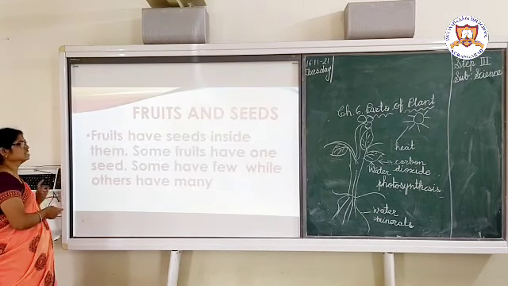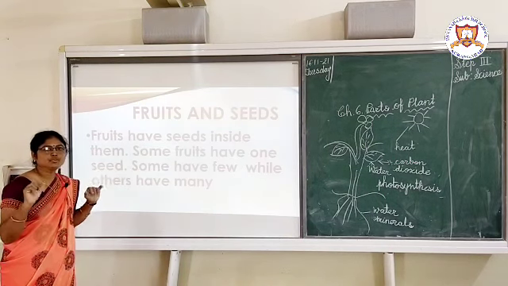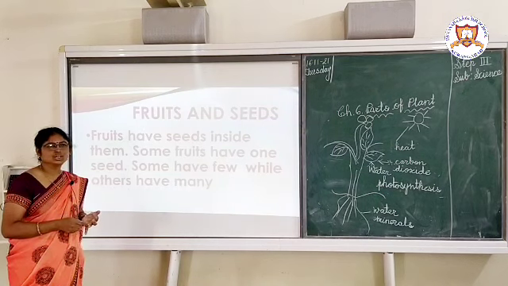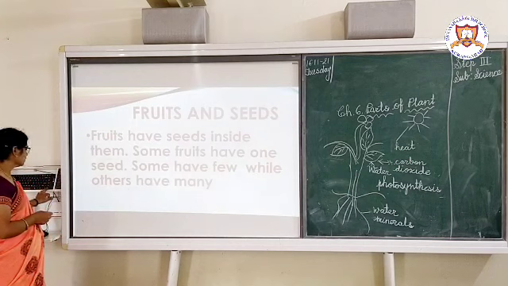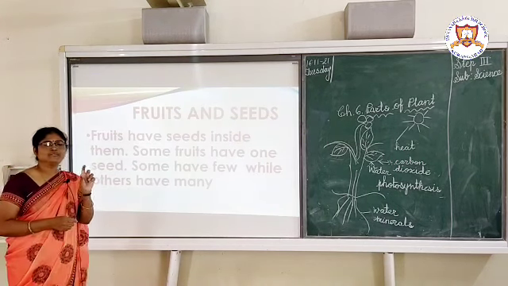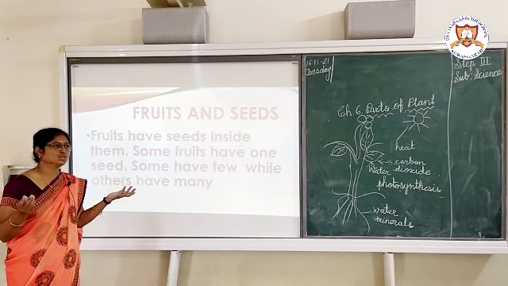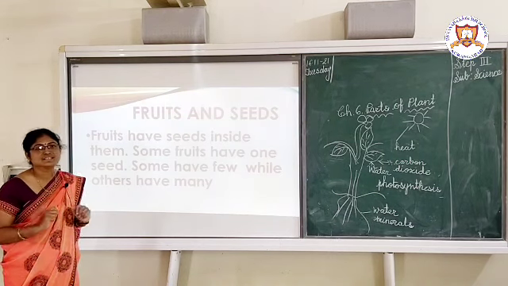Fruits have seeds inside them. You can see there are so many types of fruits in your surroundings: mango, papaya, orange, watermelon, lemon. In some fruits you can see only one seed, in some fruits a few seeds, and in some fruits like watermelon and papaya, you can see many seeds.